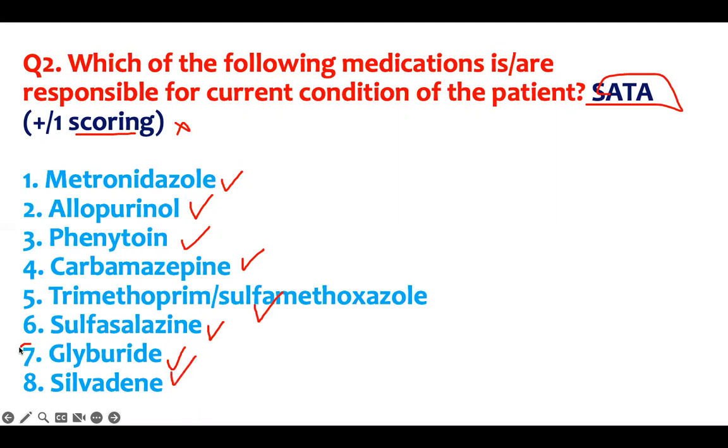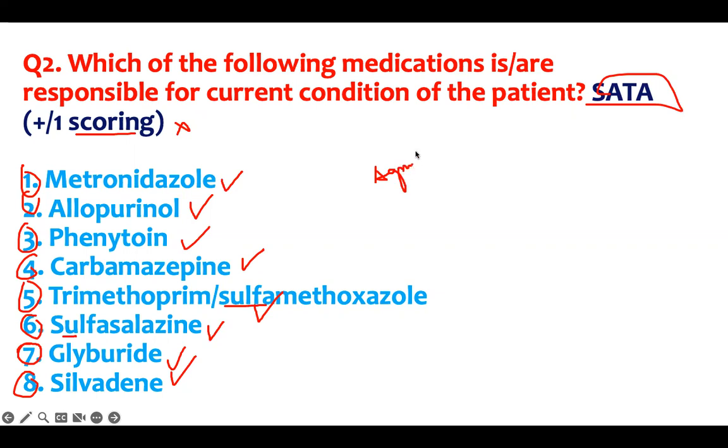Like I said, all sulfonylureas are sulfa drugs. These guys give it away. This one gives it away. Sulfa. There's nothing to tell you that for phenytoin, nothing for allopurinol.